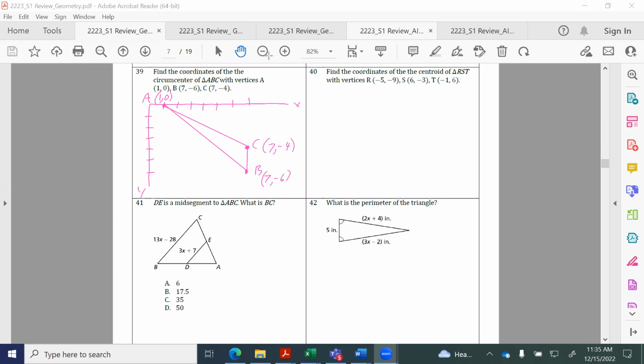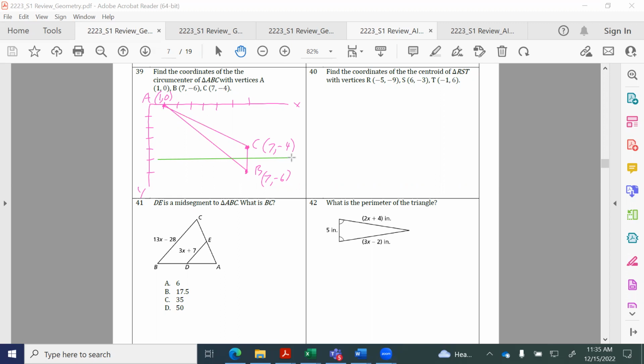So again, perpendicular bisector. Easiest one to do is for this vertical line, because we just need to split it in half. Since we have a vertical line, a perpendicular line to it would be horizontal. So we're going to have a horizontal line right here for segment CB.